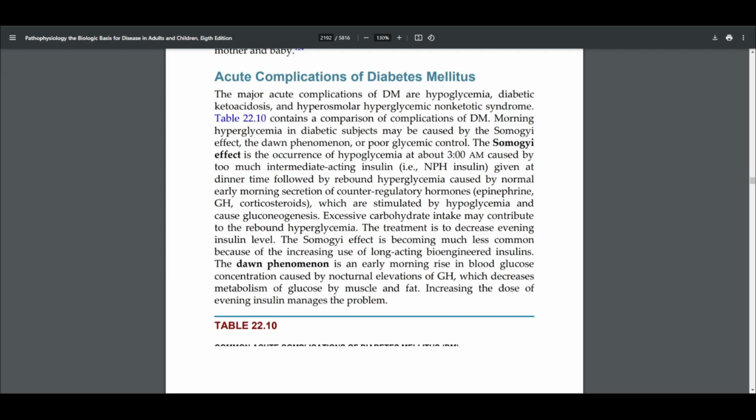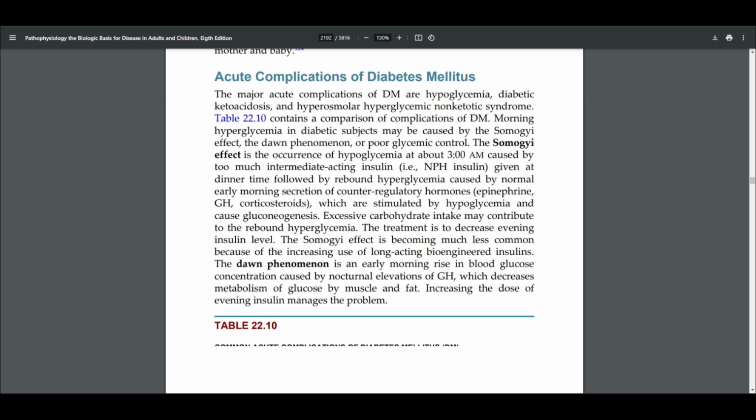Morning hyperglycemia in diabetic subjects may be caused by the Somogyi effect, the dawn phenomenon, or poor glycemic control. The Somogyi effect is the occurrence of hypoglycemia at about 3 a.m. caused by too much intermediate-acting insulin, NPH, given at dinner time, followed by rebound hyperglycemia caused by normal early morning secretion of counter-regulatory hormones, epinephrine, growth hormone, and corticosteroids, which are stimulated by the hypoglycemia and cause gluconeogenesis.